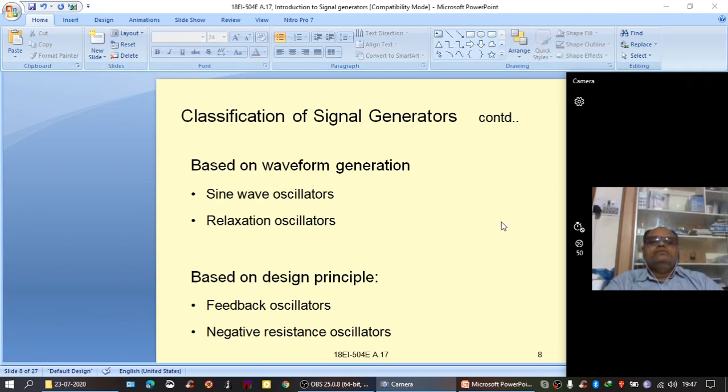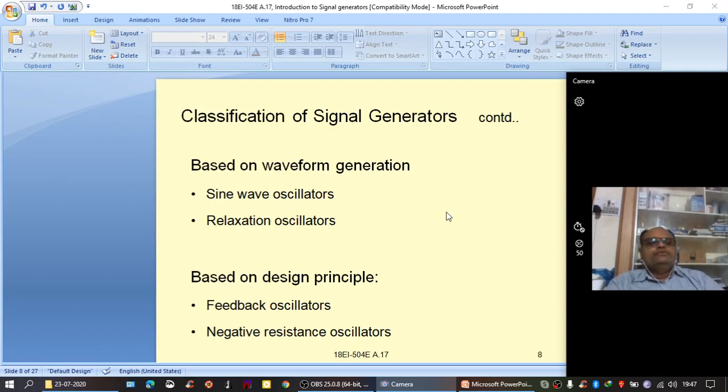Next, based on the waveform generated, or the shape of the waveform generated, they are sine wave oscillators and relaxation oscillators.